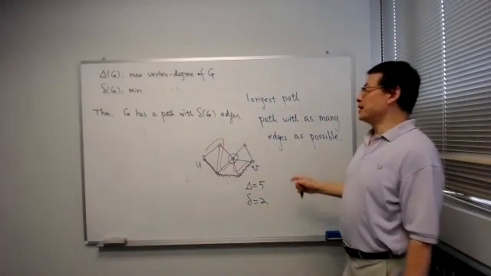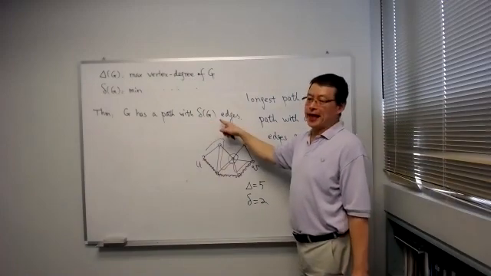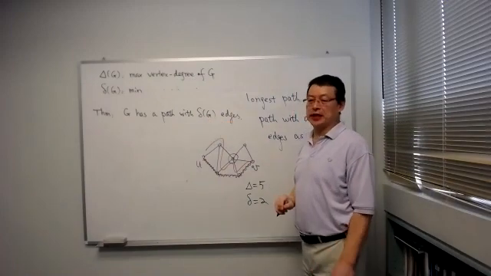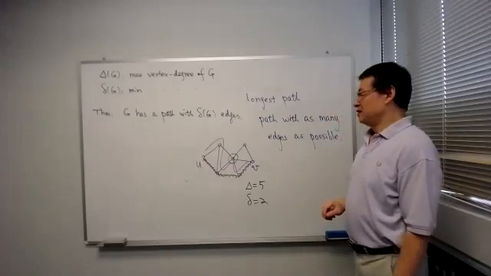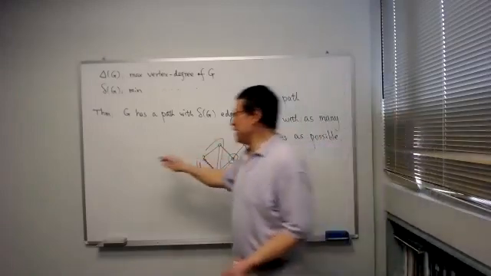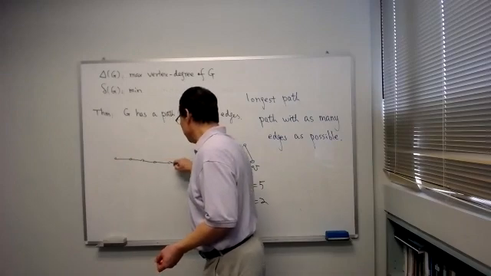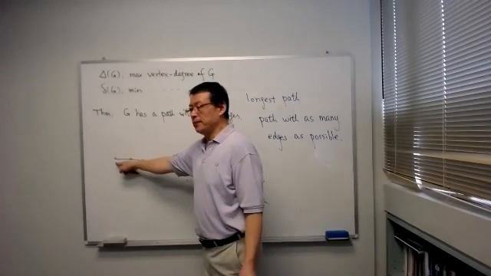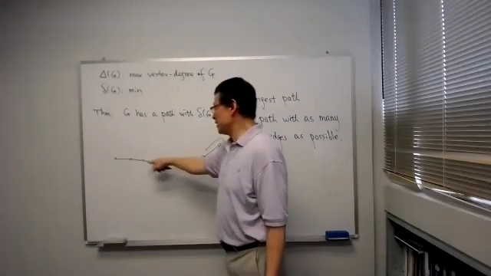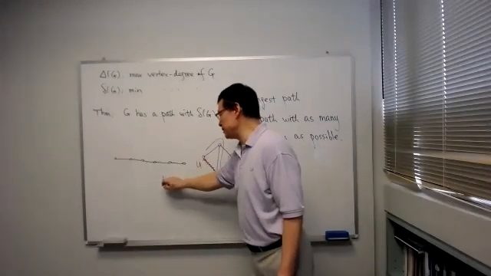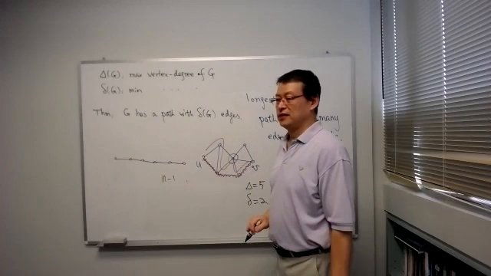The graph contains a path with delta of G edges, where delta is the minimum degree. So actually, you will see it does not seem to play an important role for minimum degree. In this graph, the minimum degree is 1, but the path length can be as long as possible. The actual path length is n minus 1.